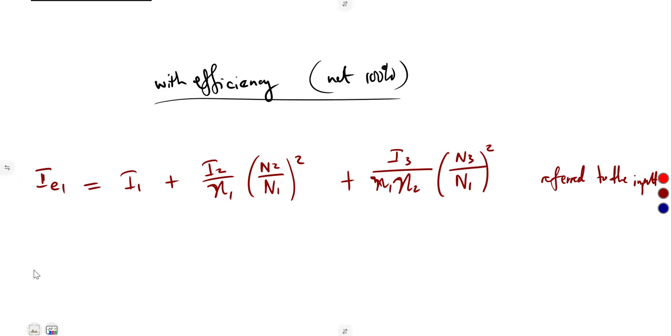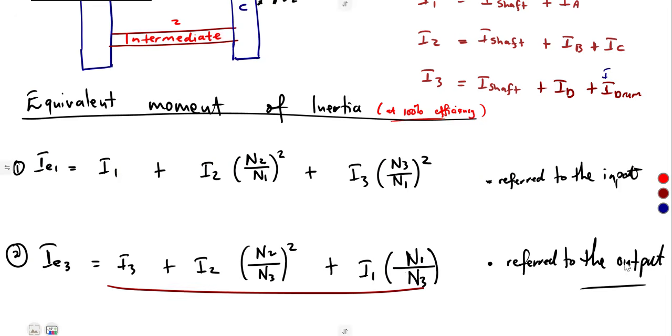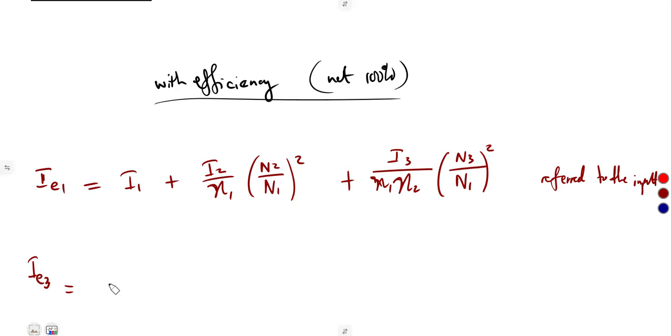Okay, then when referred to the output, which is 3, remember you multiply the efficiencies. That will be the effect. So whatever we had here will be under multiplication. But remember what we had here as it is, but you have to multiply. That is the only effect on the output.